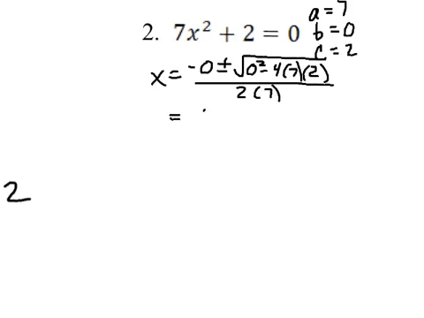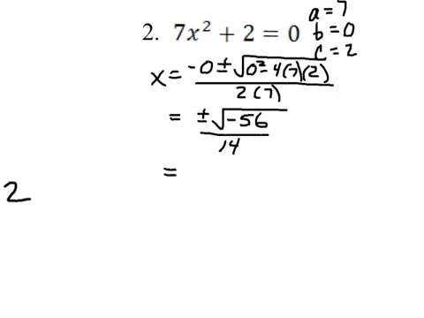So I get plus or minus the square root of negative 56 over 14. Notice your discriminant is negative here, so that means we're going to get complex values. Let's simplify this a little bit.